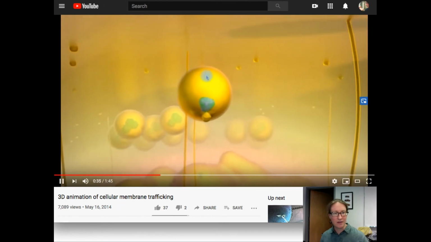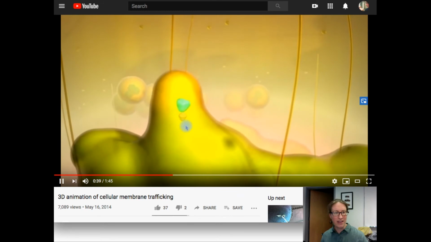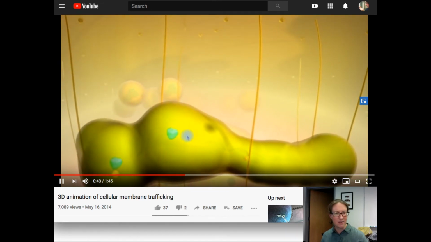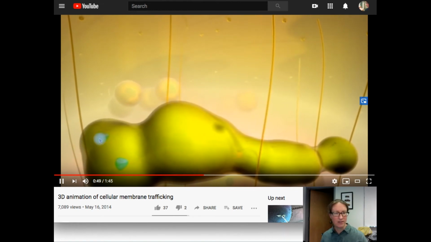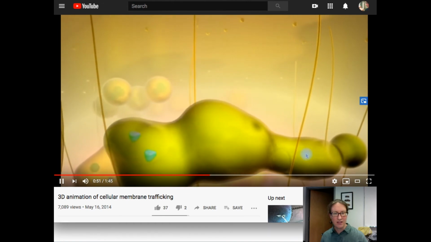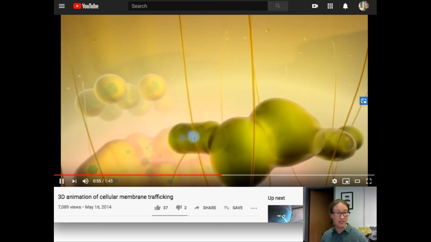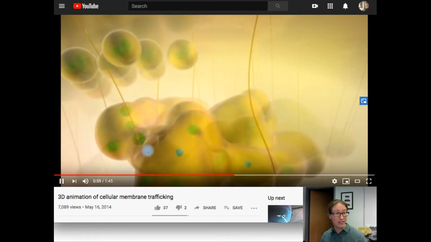You'll notice this little pinched off bubble of membrane is traveling, and now it is attaching to another piece of membrane that's inside of the cell, so it's able to release that protein that's bound to the outside, and the receptor protein on the inside of the cell is actually headed back out to the surface. And now some of those proteins have pinched off and they're headed off in a different direction.